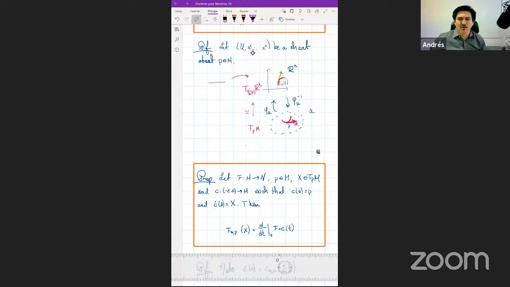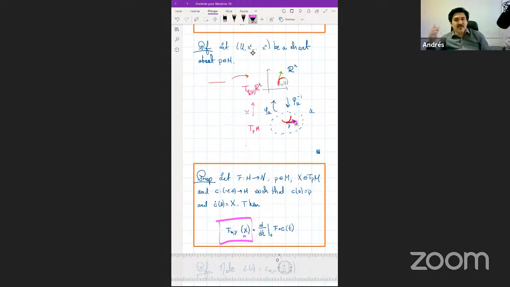And this is what we were aiming at. Another way of computing this using a curve. Right? So the problem is, I would like to compute the push forward of a vector. What do I do?